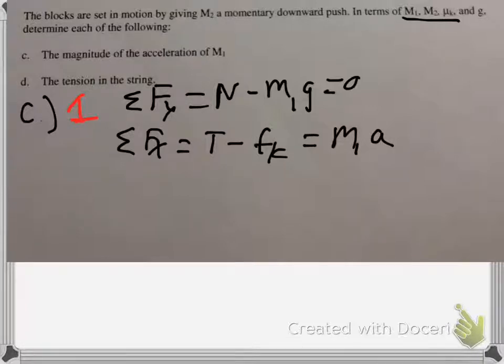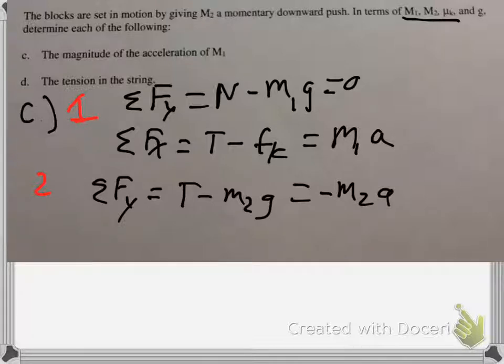Now for block 2, we have tension minus m2g, and that's equal to minus m2a. It is minus because it is accelerating downwards. So I already distributed the negative sign from the a.